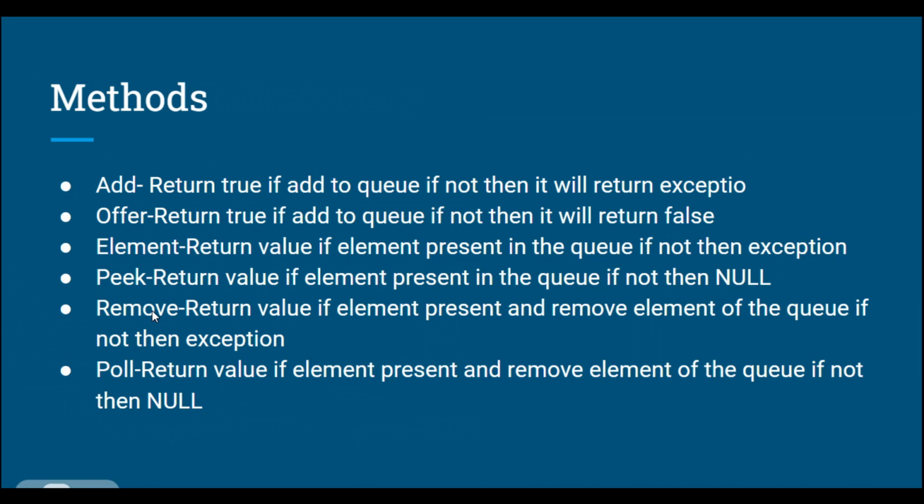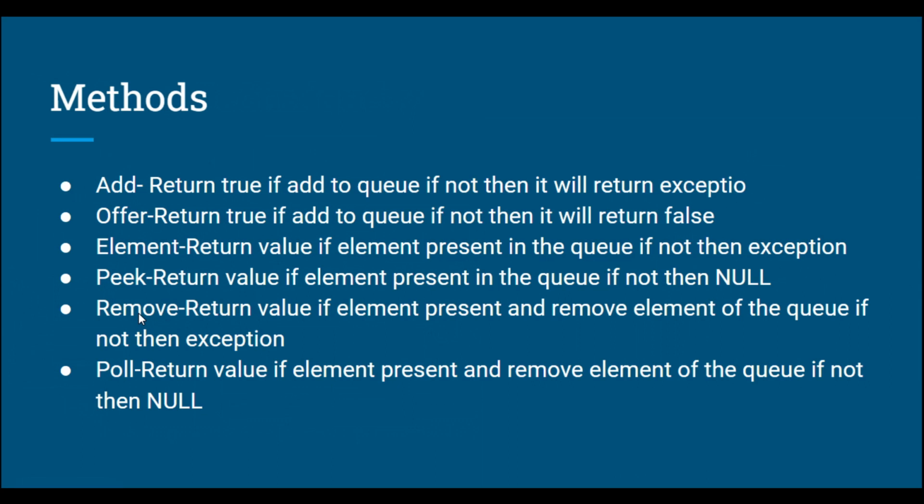Similarly, if you want to return the value and also remove the element from the queue, we have two methods, that is remove and poll. First of all, it will return the value and remove the element from the queue.